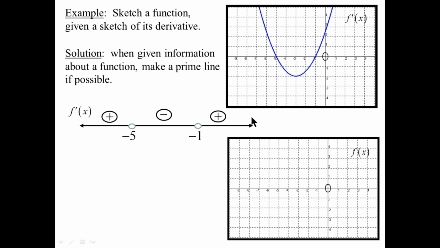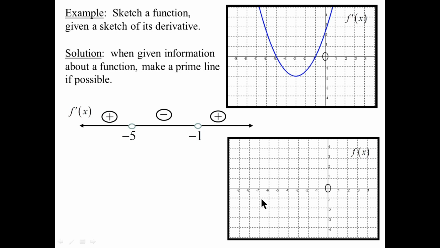This is a visual that tells us a lot about the curve that we're trying to sketch. It says you climb and climb and climb until x equals -5, and then you descend, descend, descend until x equals -1, and then you climb and climb and climb.